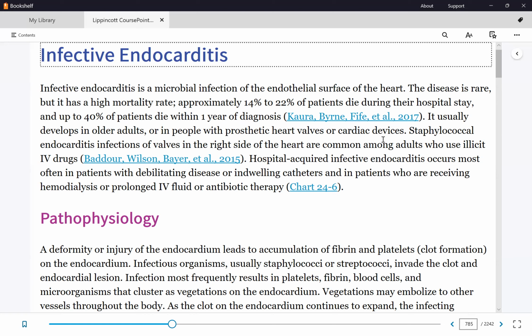Number one risk factor here are those with central lines or IV drug users. So in hospitalized patients, when they develop infective endocarditis, it's usually from a central line. Either the nurse did not clean properly before they accessed the central line, or maybe it was a contaminated drug.